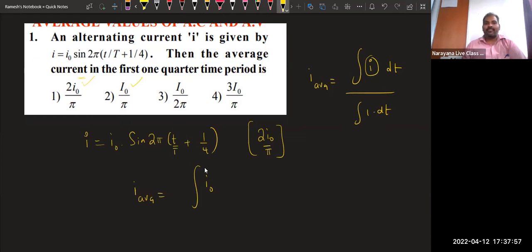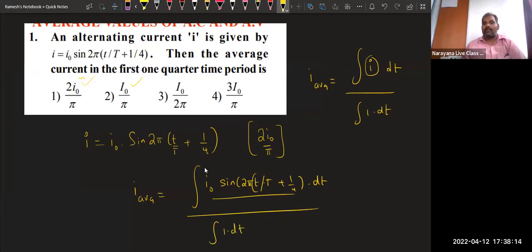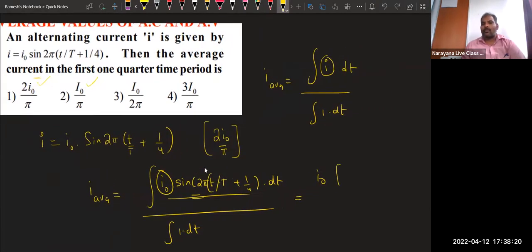Then sine of 2 pi small t by capital T, so T by T, plus 1 by 4, into dt, whole divided by integration of 1 into dt. I naught I will take outside. And what is the integration of sine? Minus cos. Very good. Minus cosine of 2 pi into small t by capital T plus 1 by 4.